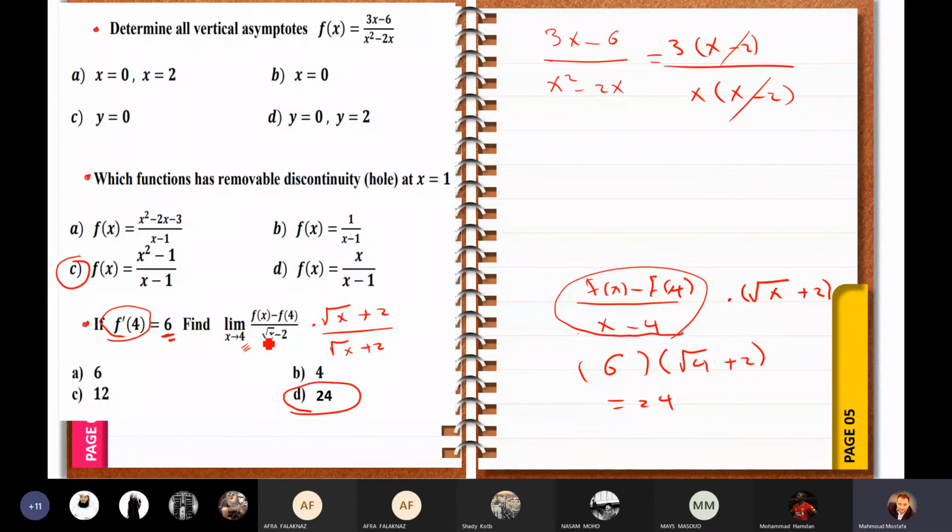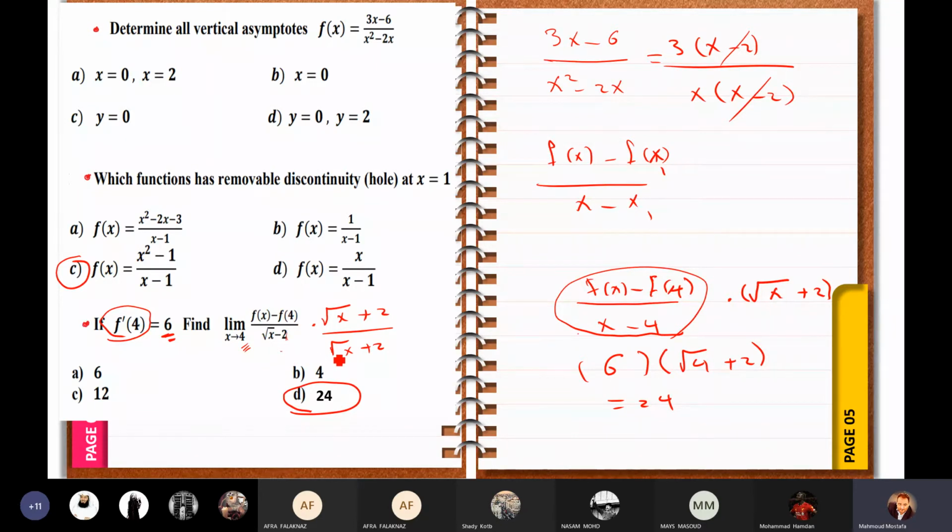Again, the form we need is f of x minus f of x1 over x minus x1. Look here, the numerator is perfect, f of x minus f of x1, which is 4. Down, it's not x, it is square root of x minus square root of 4. We need x minus 4 to have the same formula.